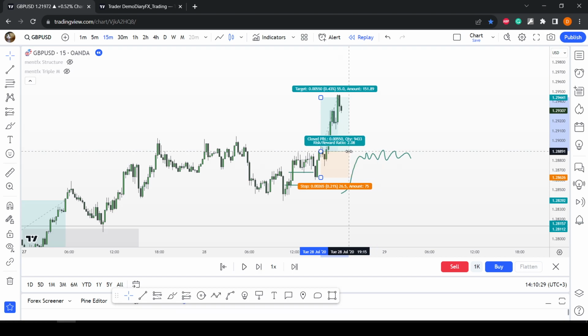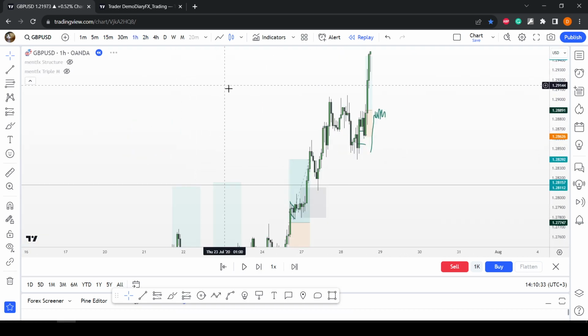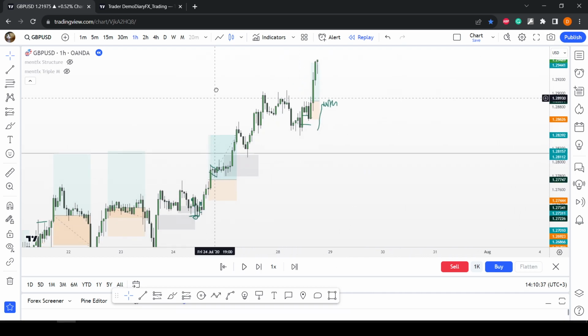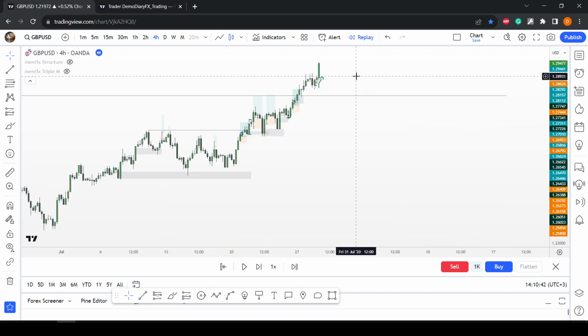Well, okay. Okay. So we broke it. We have several consecutive shifts now on entry time frames.